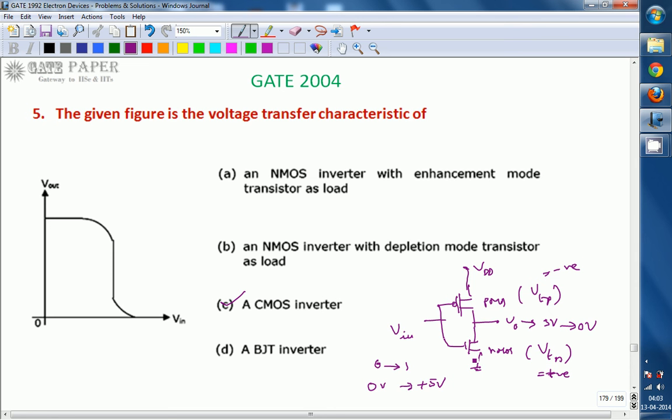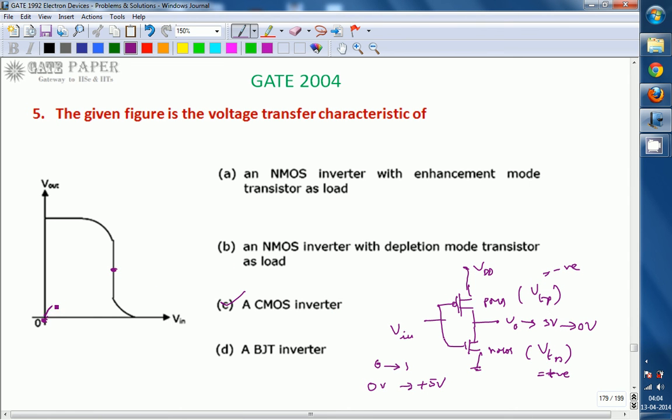That point is called the inversion point, or logic threshold point. This is where V0 is equal to V input. If you draw a straight line with V0 equal to V input, it will touch the characteristic exactly at the middle.